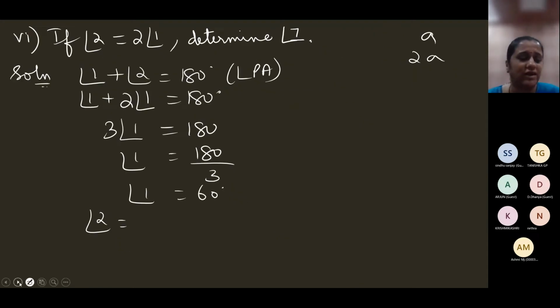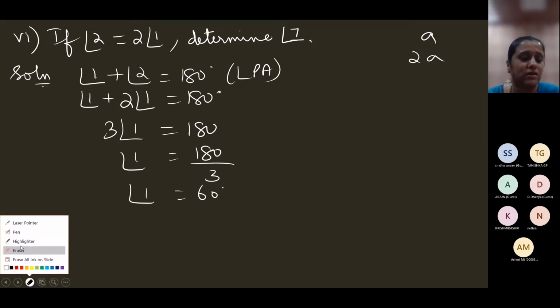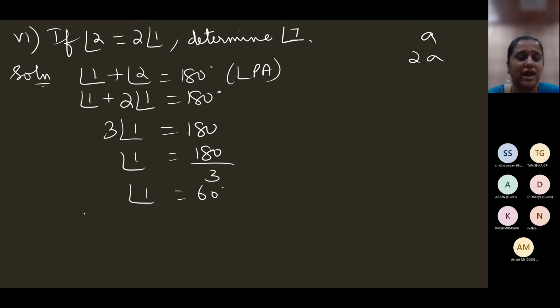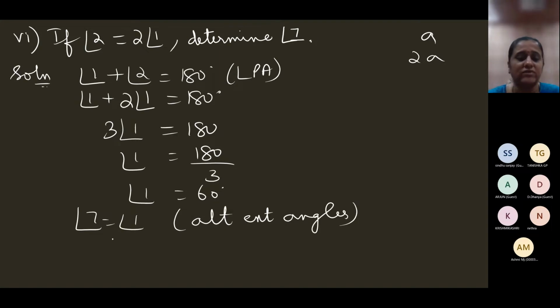So we don't have to find angle 2. Since we have to find angle 7, angle 7 is equal to angle 1. So angle 7 is equal to 60 degrees. Because 1 is 60 degrees, 7 is also 60 degrees. Please write down, children.